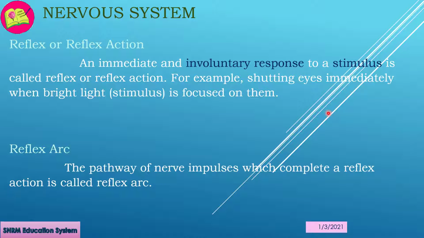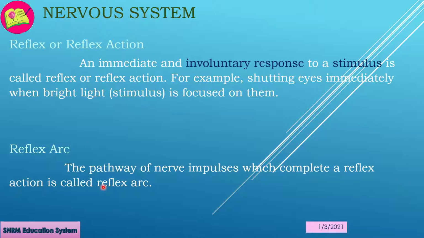Knee-jerk reaction is also an example of reflex action. Getting burned, that is reaction to painful stimuli, is also an example of reflex action. Coughing and sneezing due to irritants in the nasal passage is also a good example of reflex.